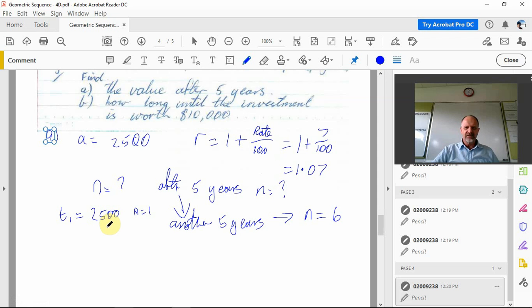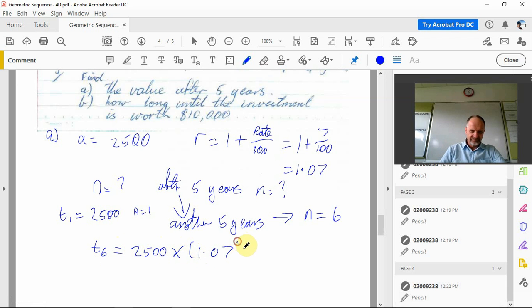All right, so how much is her value after 5 years? So the 6th term would be 2,500 plus, not plus because this is geometric, so times 1.07 to the power of n minus 1, so 6 minus 1, 2,500 times 1.07 to the power of 5, and that's a calculator job.